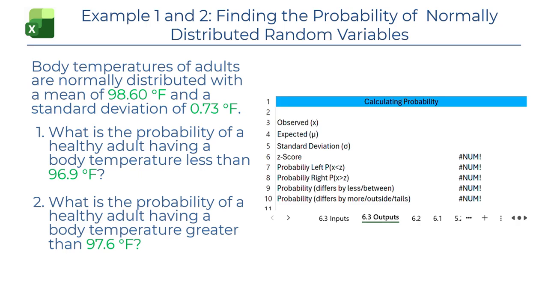For examples 1 and 2, we have body temperatures of adults that are normally distributed with a mean of 98.6, so that's our mean or expected value, and a standard deviation of 0.73. We want to know the probability a healthy adult has a body temperature less than 96.9. So that's our observed value, or the value that we're testing, 96.9, and we're worried about an adult having a body temperature less than that.